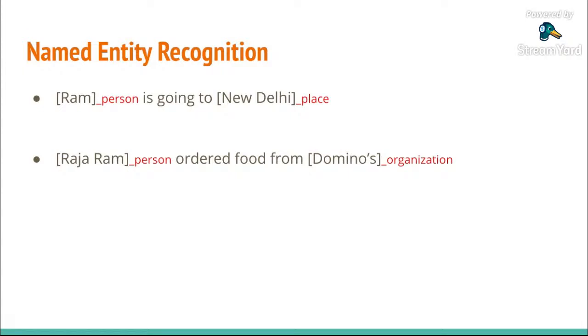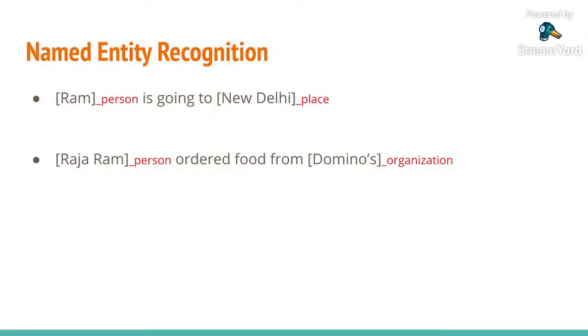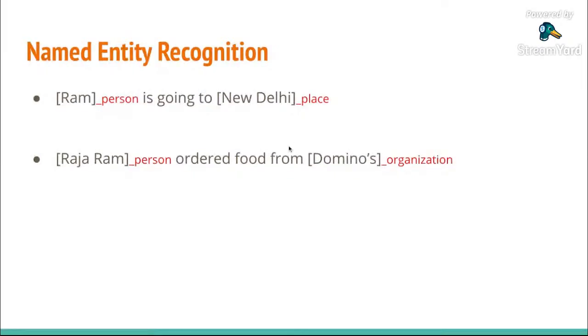So Raja Ram is a person name and Domino's is an organization name. In named entity recognition, these three are the most common entities we recognize: person name, place name, and organization name. These three are some of the important tags, and this helps in identifying named entities.